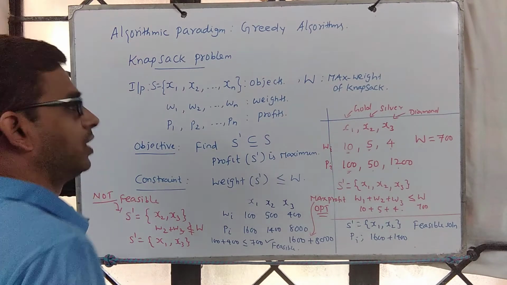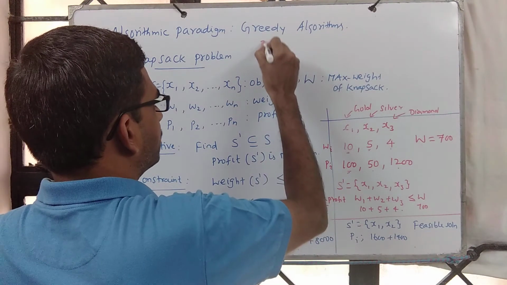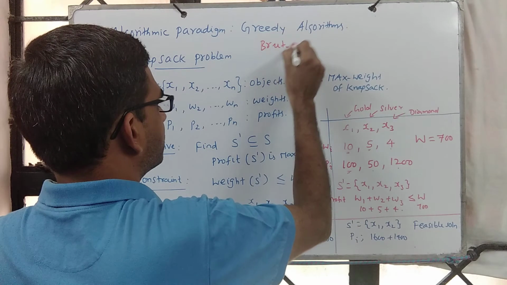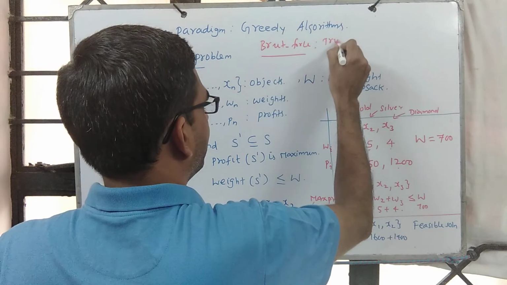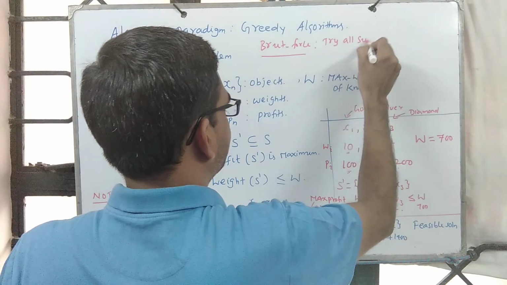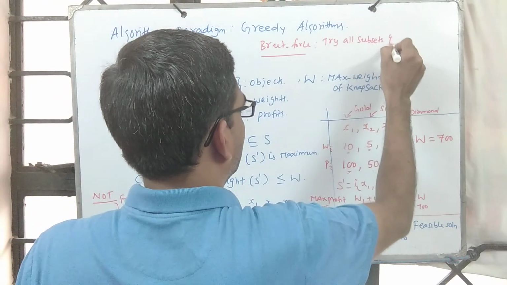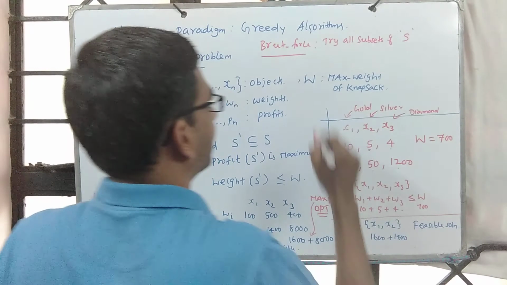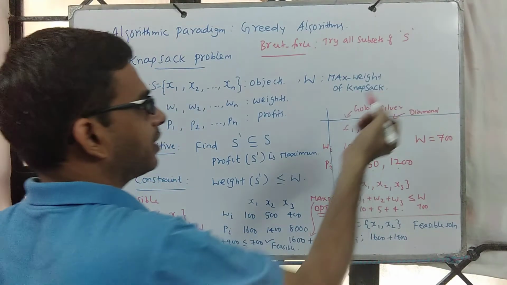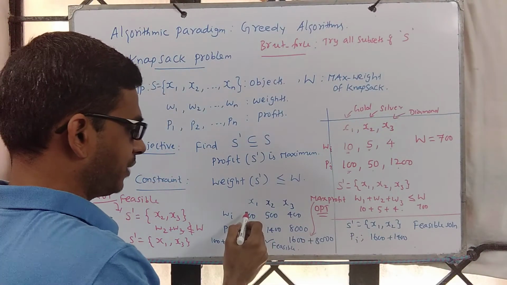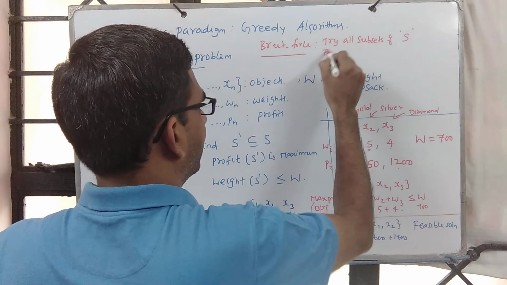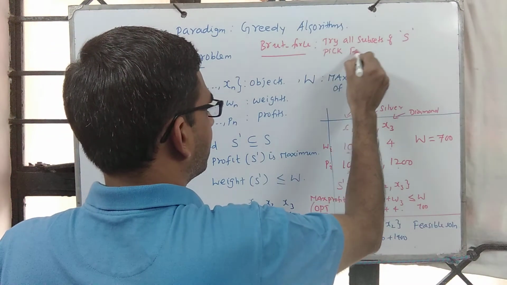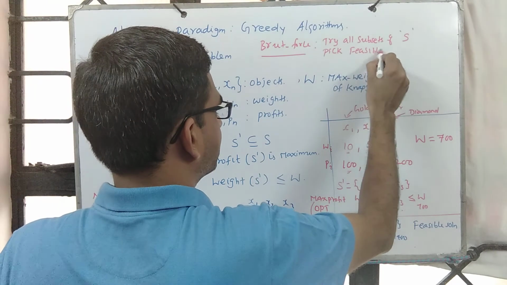Fine. So a trivial approach, or a brute force approach, is this. Try all subsets of S, and some of them may be feasible. For example, x1, x2, x3 is not feasible, right? So after that, pick feasible subsets.